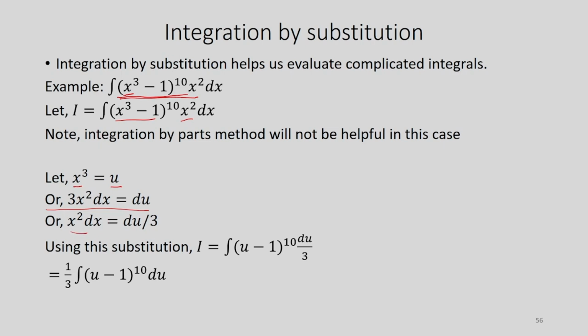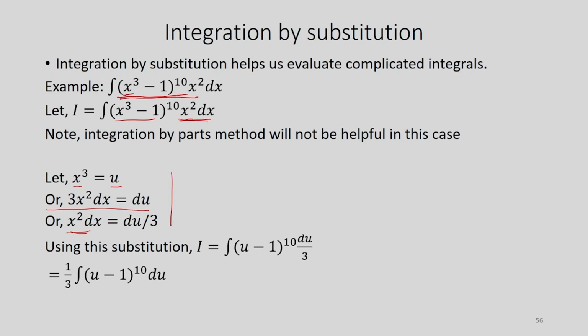I have divided both sides by 3. Now, why am I interested to find out what is x square dx? The reason being, here in this problem I have this expression x square dx. So, that is why I have found out what is x square dx from this small exercise.